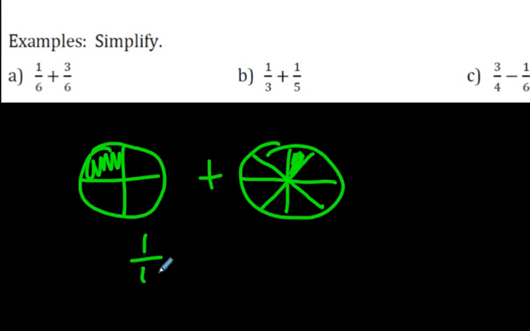If you have 1/4 plus 1/8, it gets a little more confusing figuring out what the answer would be, because these have a different number of slices in the pie. Okay, the 4 and the 8 are not the same. It becomes very difficult to add these up unless we get the bottoms or the denominators the same first. And there's a way to do that quickly, and that's what we're going to focus on as we do these questions.